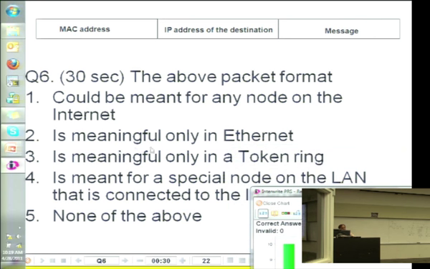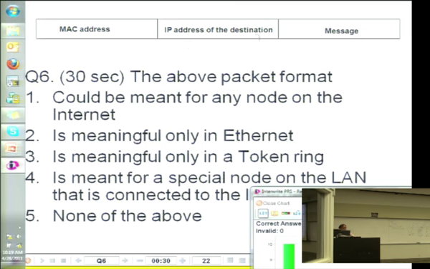Yes, it could be meaningful in Ethernet or a token ring, but if you look at the rest of the packet format, there is an IP address. If it were just meant for another node on the local area network, in an Ethernet or a token ring, then you'd have just the MAC address and the message.